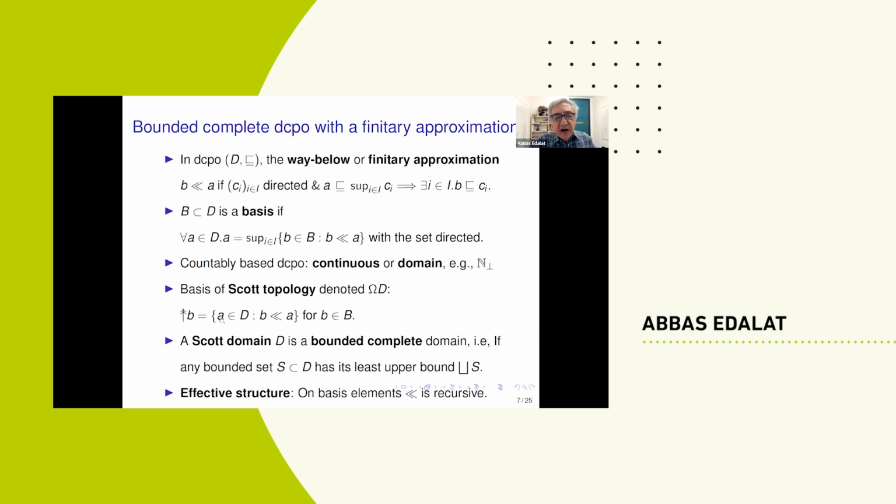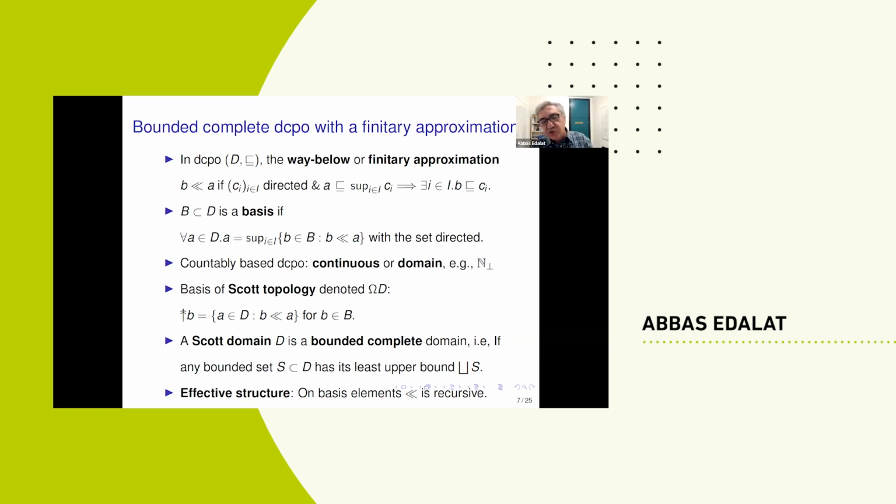And then he defined a countably based DCPO. So a DCPO that has got a countable basis is said to be continuous, or in today's terminology, we just call it a domain. So a simple example is taking the set of natural numbers and adding a bottom element. So this has got two levels, bottom and all natural numbers that are on the same level. So this is a Scott domain that we will define in a minute, but in particular, it's trivially a continuous DCPO or a domain.